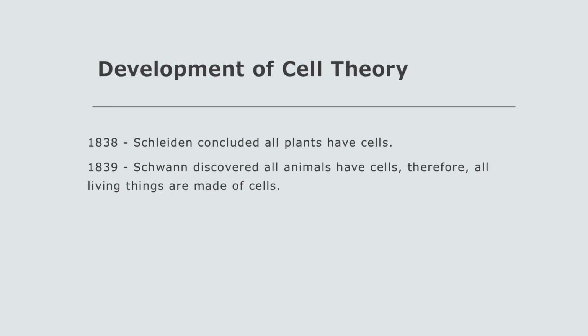Therefore, all living things would, because the other scientist, Schleiden, had already found out that plants did. This is kind of a silly analogy, but to keep this straight, who did plants and who did animals, I think Schwann, like a swan, and a swan is an animal.